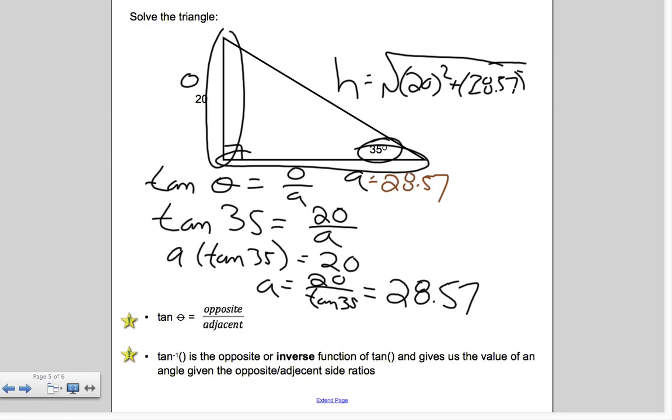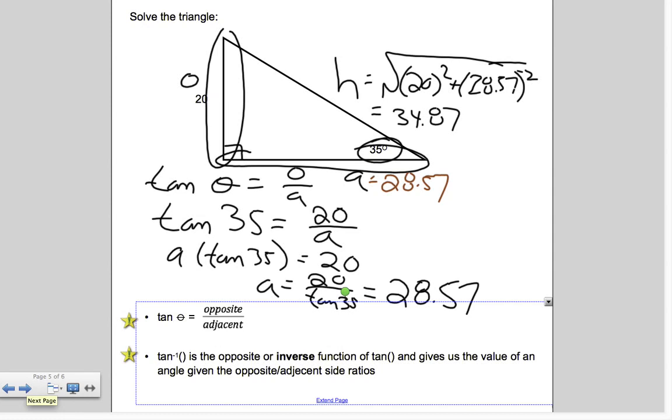Who can calculate that for me? The answer is 34.87. Then you can find the last angle.